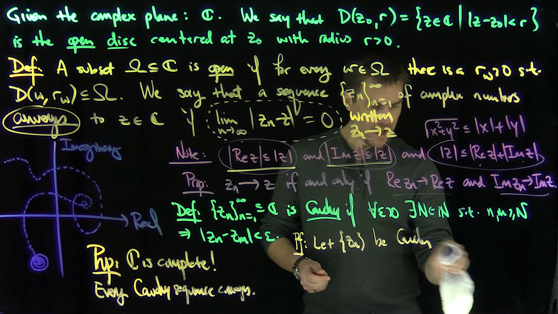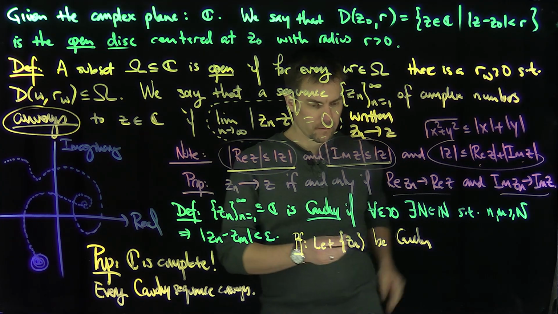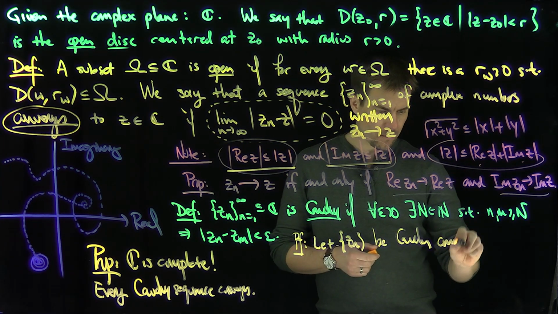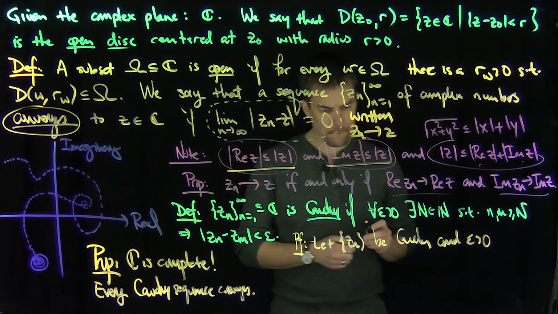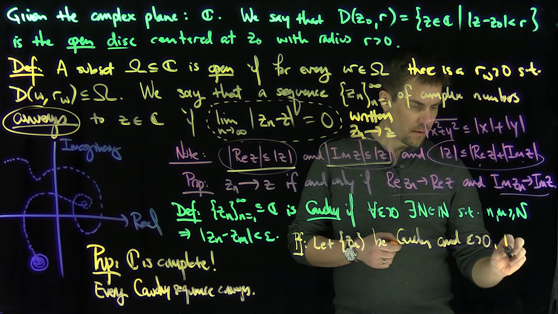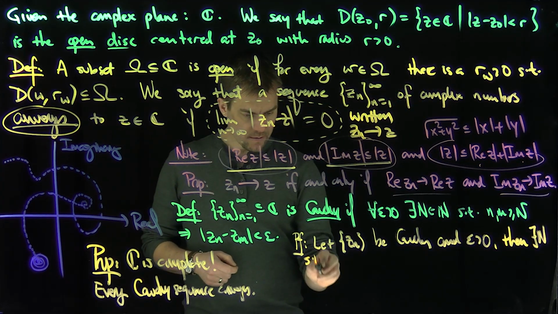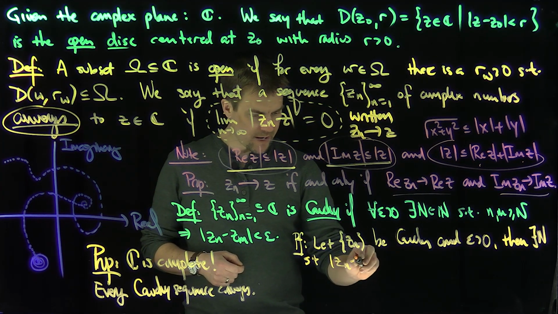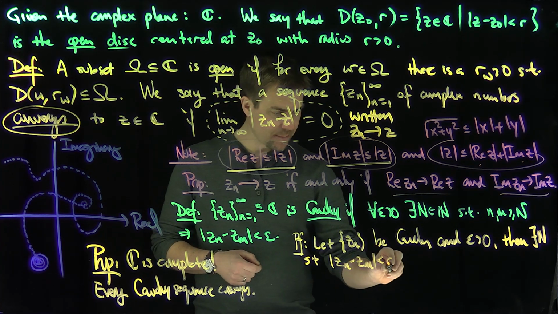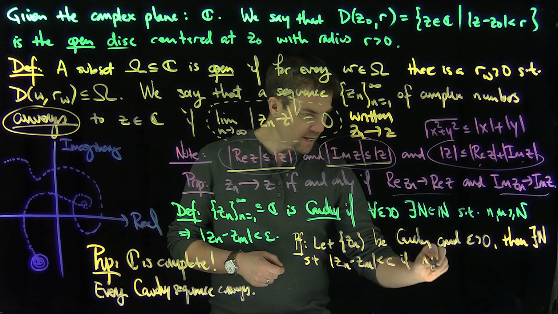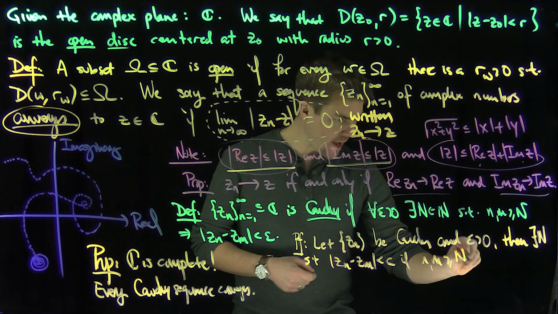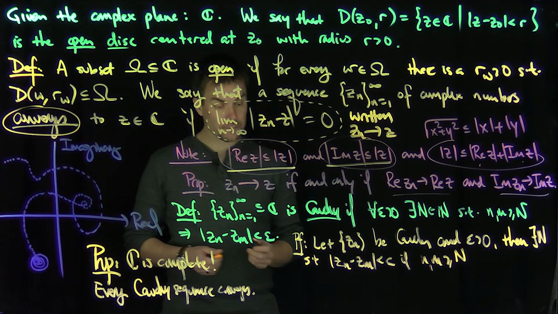Let Zn be Cauchy, and epsilon greater than 0. Okay. Then there exists N such that modulus of Zn minus Zm is less than epsilon if n and m are bigger than or equal to N capital, okay?